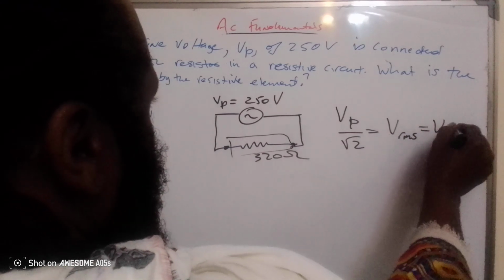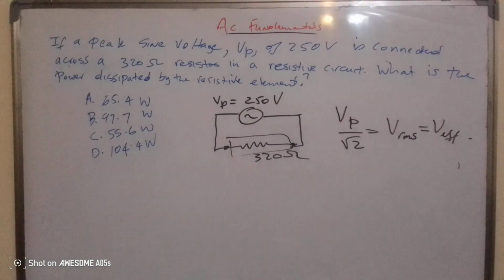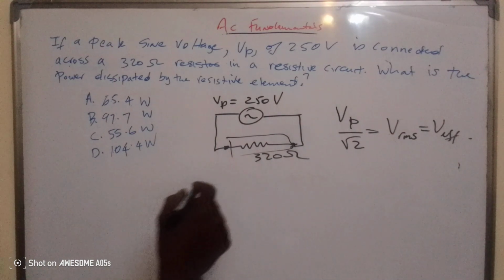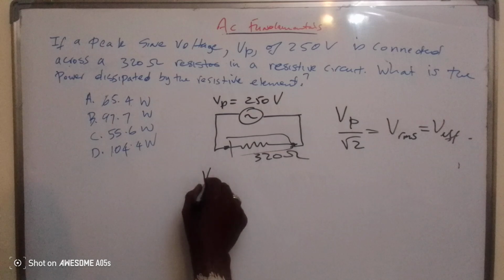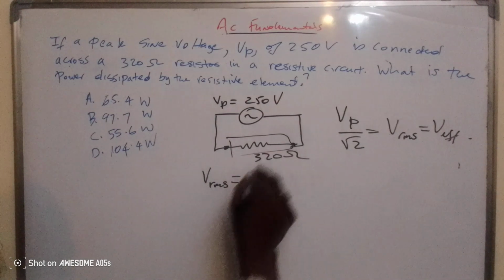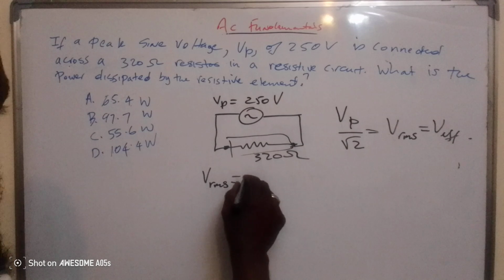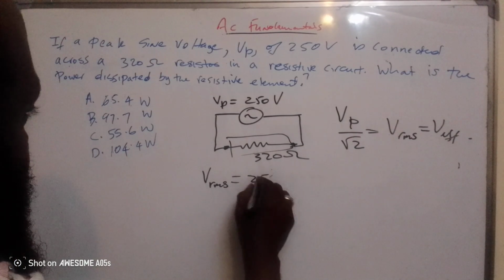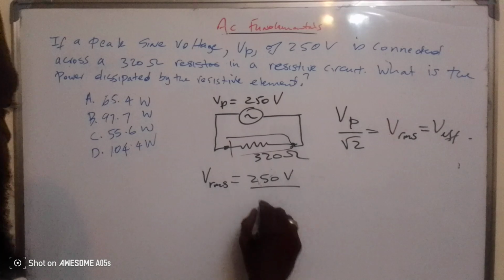This is the V effective voltage, right? They did give us the value of the peak voltage. So the V effective or V RMS voltage is equal to V peak over root 2, which is 250 volts divided by root 2.